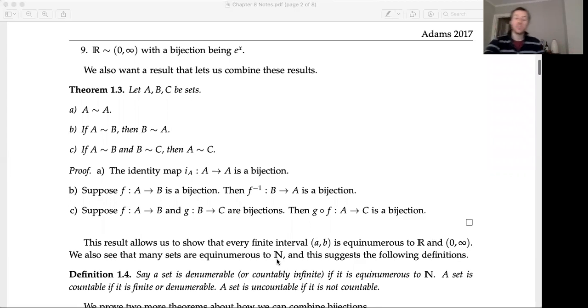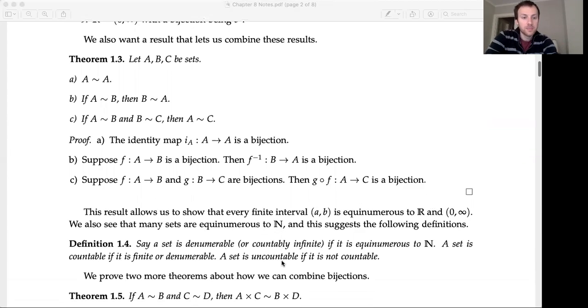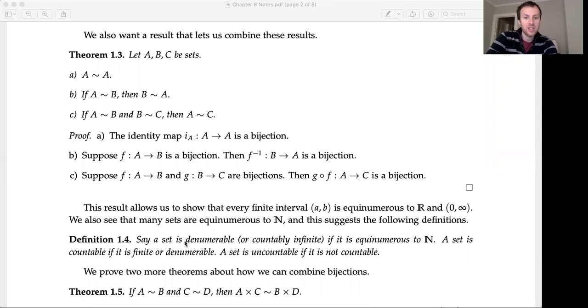And that leads to a definition which is essentially saying, are you equinumerous to N or not? So say that a set is denumerable if it is equinumerous to N, and say it is countable if it's finite or denumerable. And a set is uncountable if it's not countable.